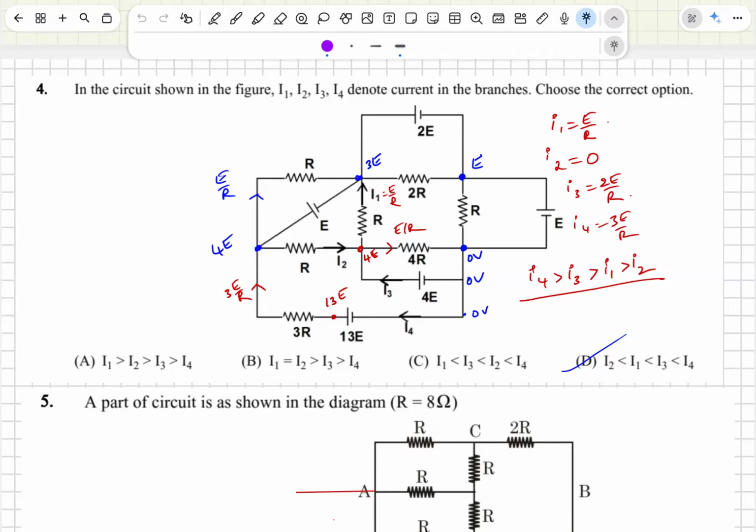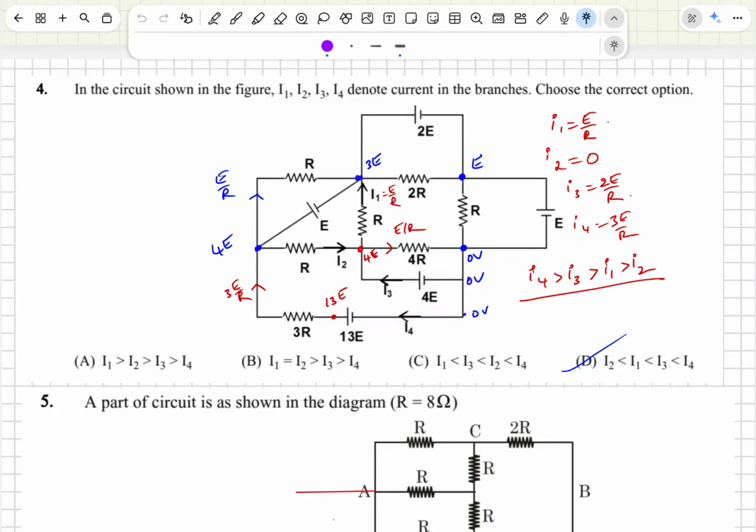Now please understand what I have done in this question. I felt this line is very significant, so I took this as 0 volt.